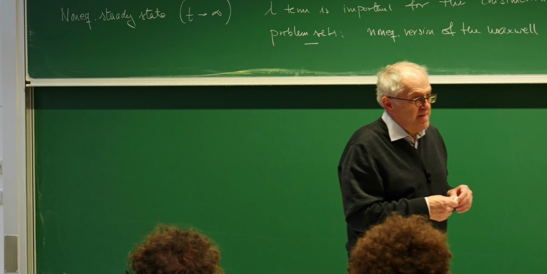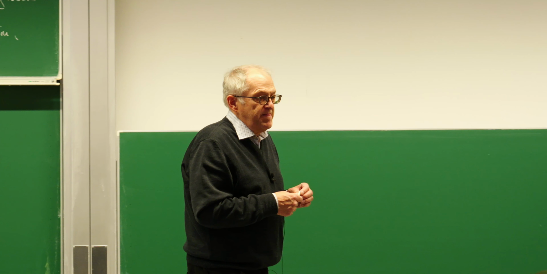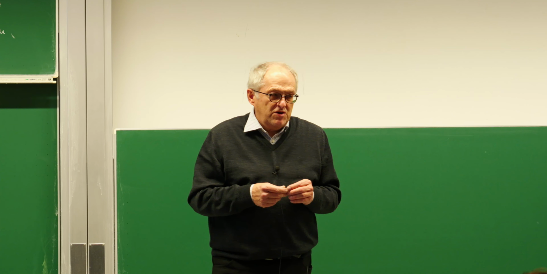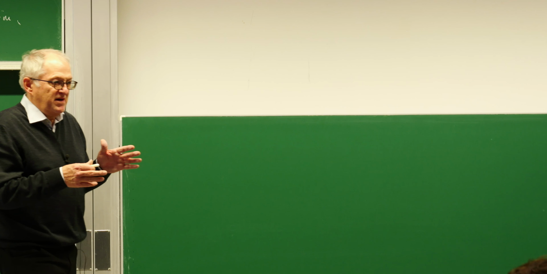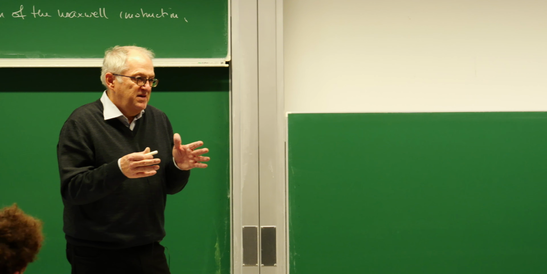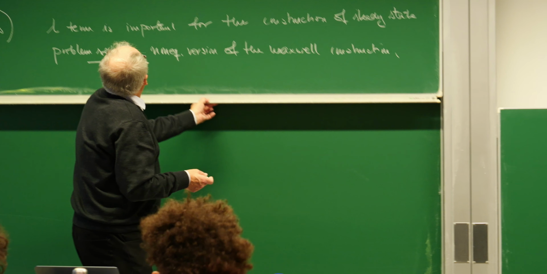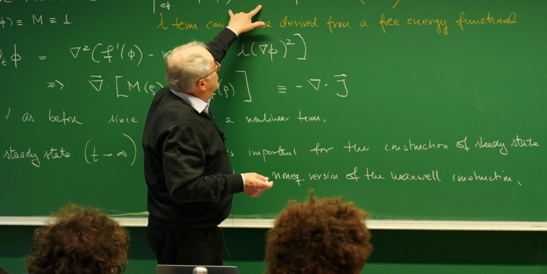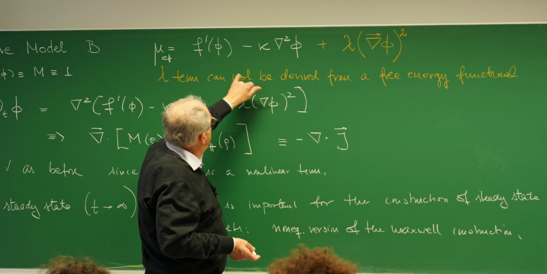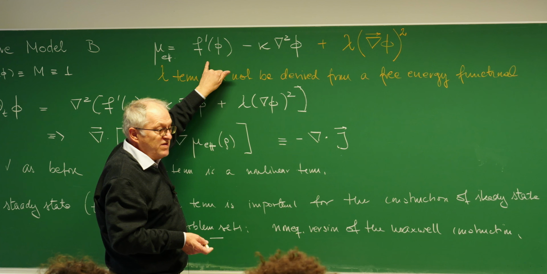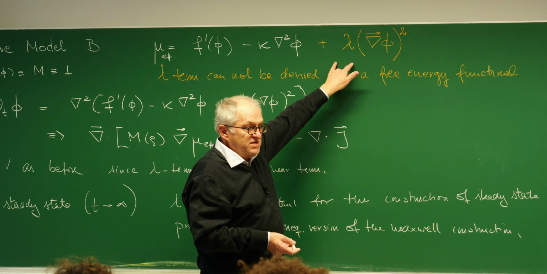Yeah? Does mu mean the same thing as a chemical potential in a thermodynamical system? Not really. So we start out from it, and then it looks like it, and it has a similar structure. These two terms, they are the same as a thermodynamic object because this is a local free energy derivative, and that's the stiffness term, and this is not.